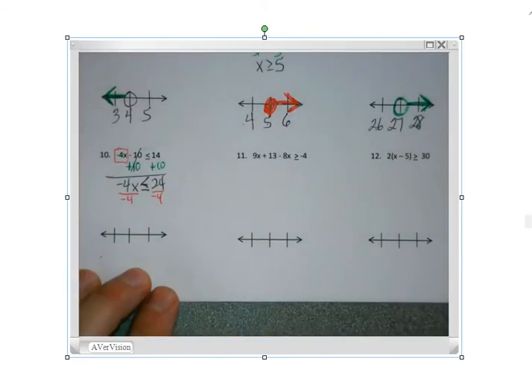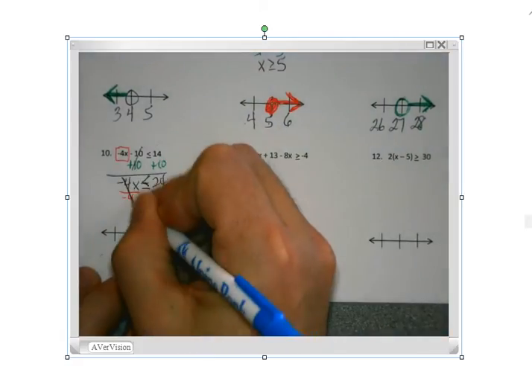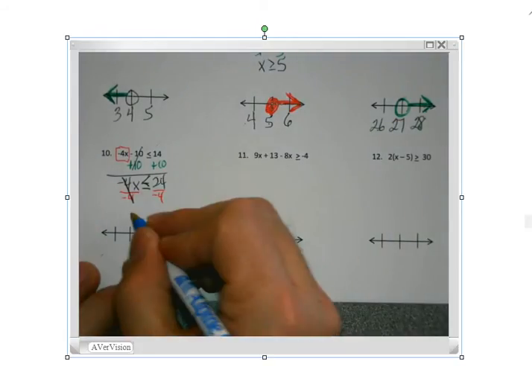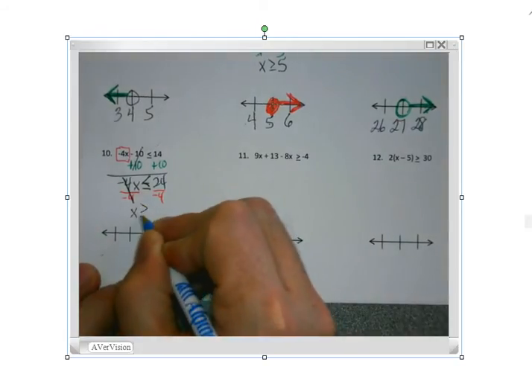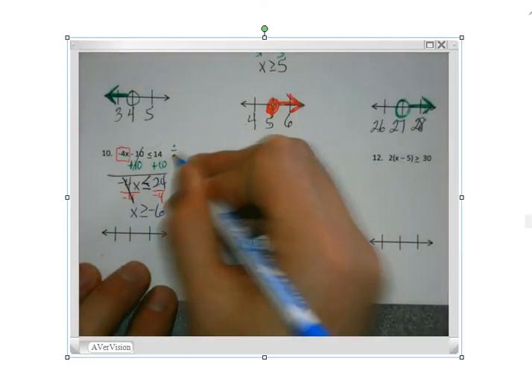Yep, and here's our one last twist. When I'm doing inequalities, and Eric mentioned this earlier when we were up in the equations, if I divide both sides or multiply both sides by a negative to get x alone, that's the one time that I've got to flip my arrow.